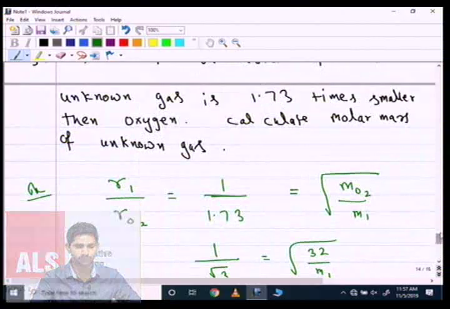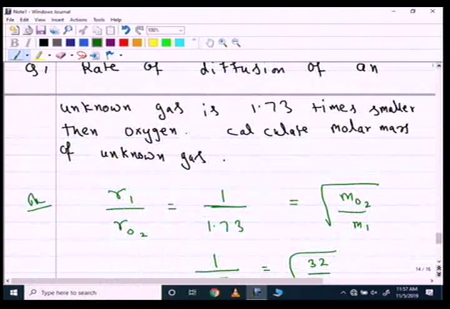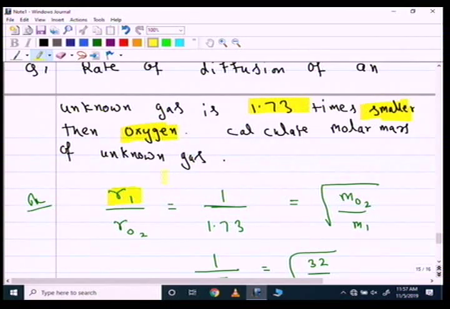See, in the question it was saying that rate of diffusion of an unknown gas, which I have taken R1, is 1.73 times smaller than oxygen. Smaller means that the ratio of R1 and R of O2 is actually 1 upon 1.73. And we know that the ratio of rates can be written like this in the form of the molar masses.